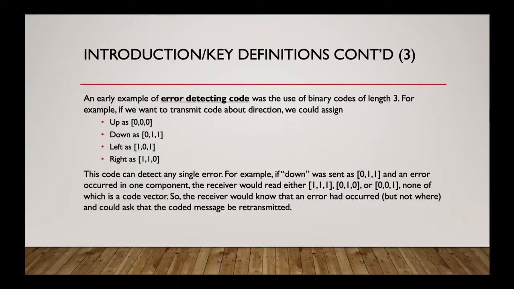This code can detect any single error. For example, if down was sent as 0, 1, 1 and an error occurred in one component, the receiver would read either 1, 1, 1, 0, 1, 0, or 0, 0, 1, none of which is a code vector. So we would know that an error had occurred, but not where. But we can ask that the code message be retransmitted.